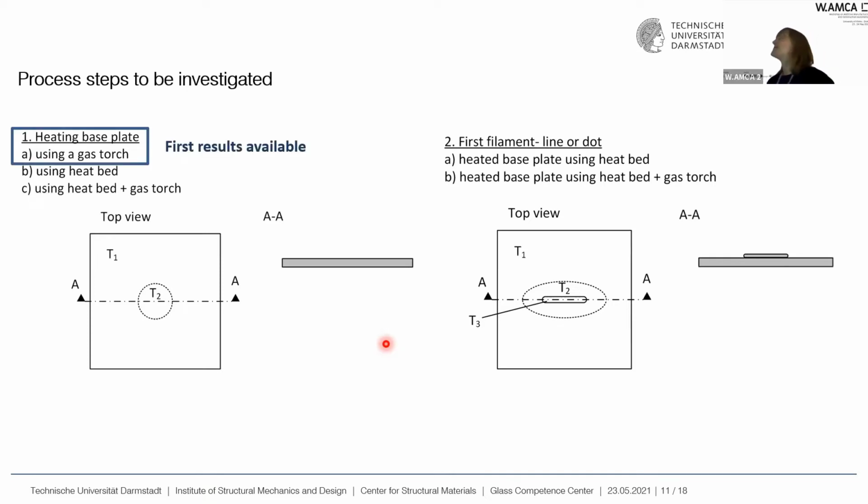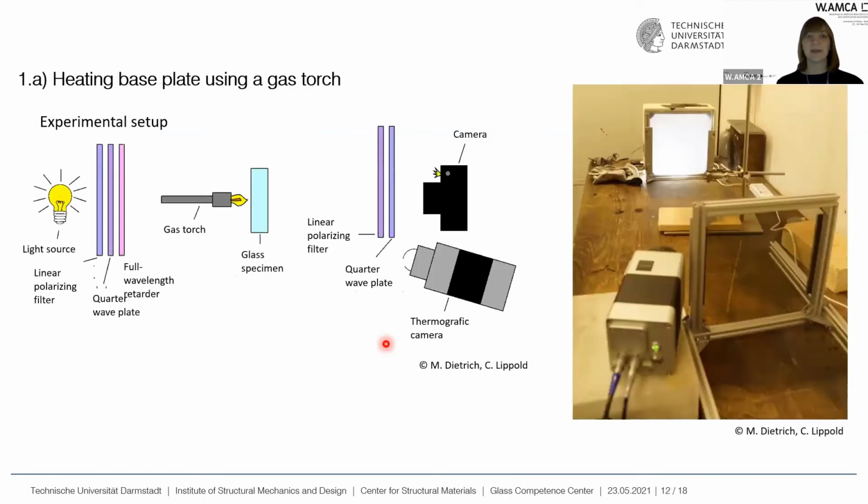So for this first step, there are some first results available, and I want to show you the experiments here. I have two students who are currently doing these experiments. On the left, we have the light and polarizing filters, which are in the photo back here. Then we have the gas torch. Unfortunately, the students did not take any picture during the experiment, so we have no picture of the experiment with the gas torch.